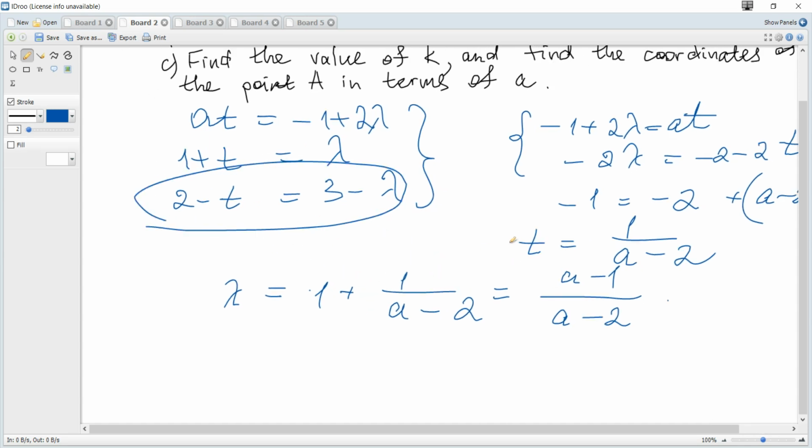You should substitute the obtained values for t and for lambda into the third equation, and if you get that it's true, hence for these parameters you get a unique point of intersection. Otherwise, if the third equation is not true, it means that two lines are skew. It means that they do not intersect at a single point and are not parallel.